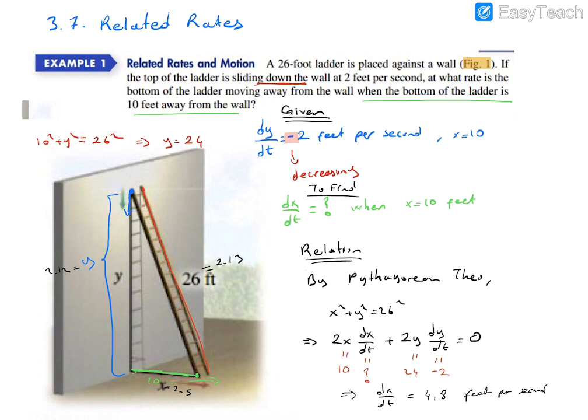This means when the ladder is sliding down the wall at 2 feet per second, the rate of change of the bottom of the ladder is 4.8 feet per second.